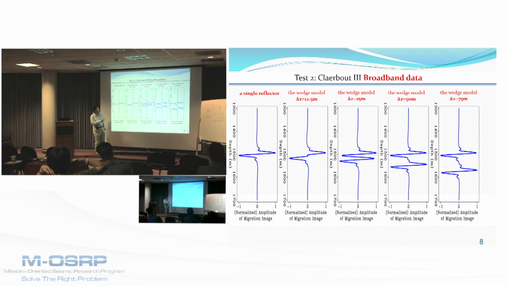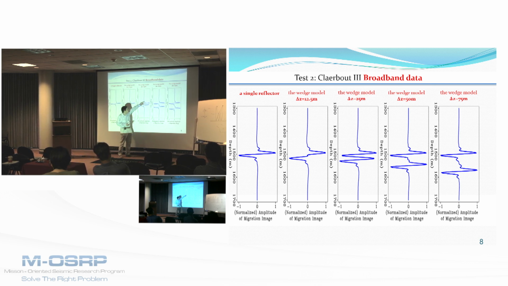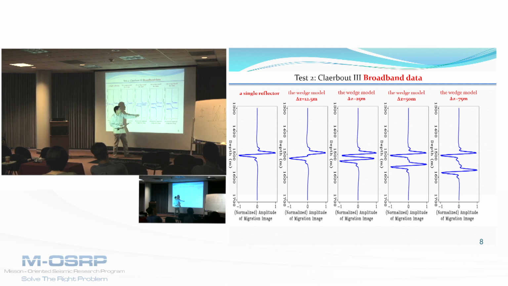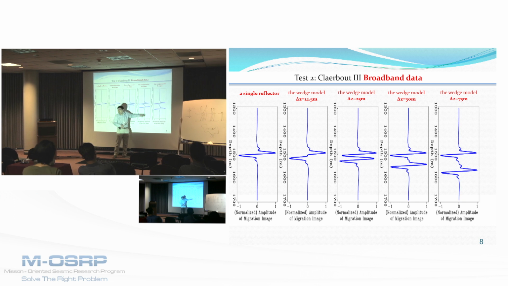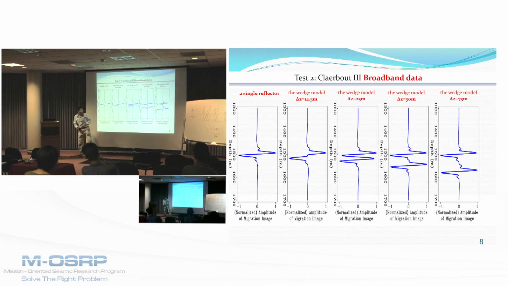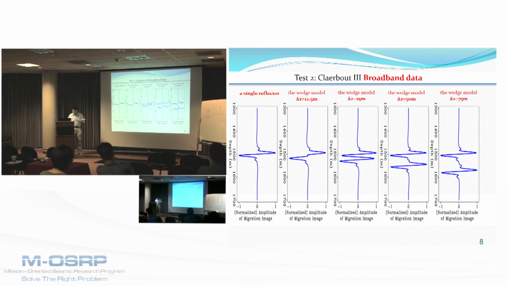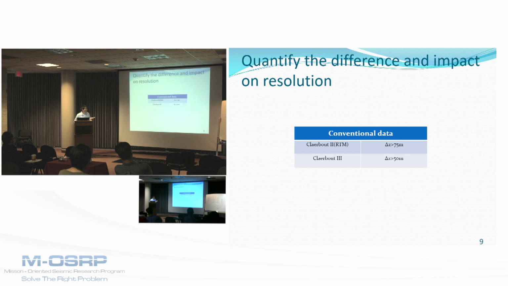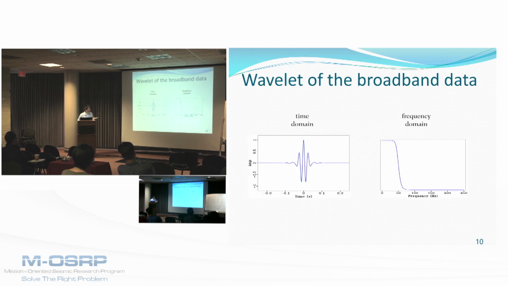At 25, we have two repeated patterns here, so we know that we have two reflectors. And 50 meters is fully separated. You can even see some gap in between. And 75 meters is more than enough. So for this comparison, the necessary gap is 50 meters.